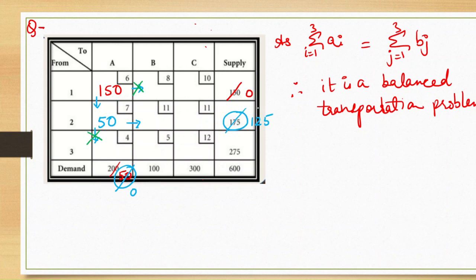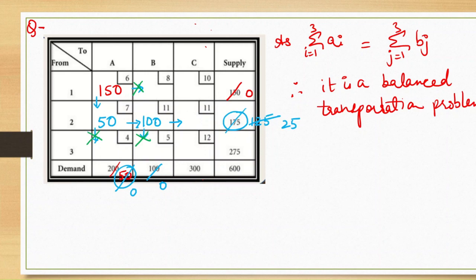The minimum is 100, so I can take only 100 units, and this would again become 0, and this would become 25. Now, can I move down? No, I'll just make a cross here.